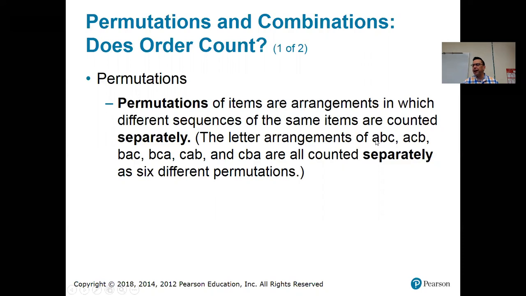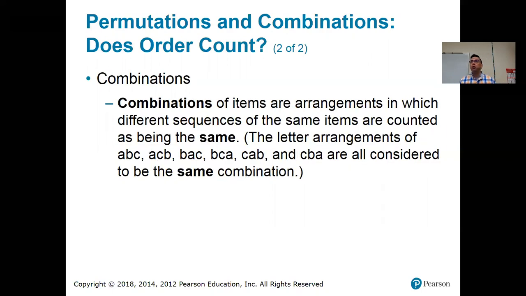So for example, the letter arrangements ABC, ACB, BAC, BCA, CAB, and CBA are all counted separately as 6 different permutations. So with a permutation, I care about order. Order matters. The same things in a different order are counted as different things. They're not the same thing.